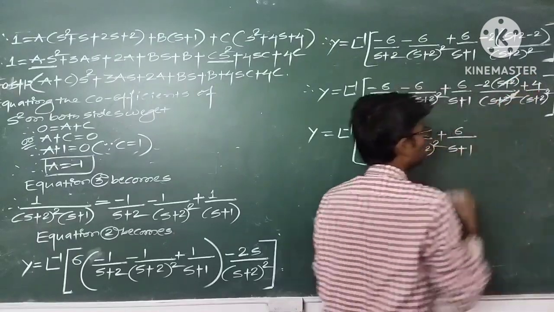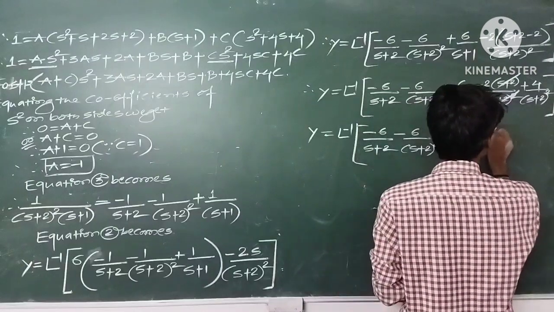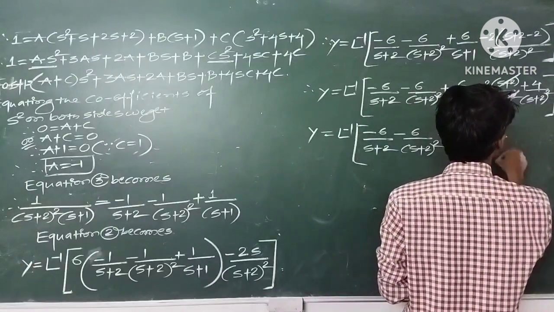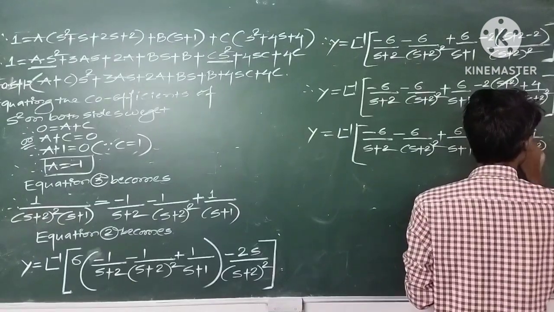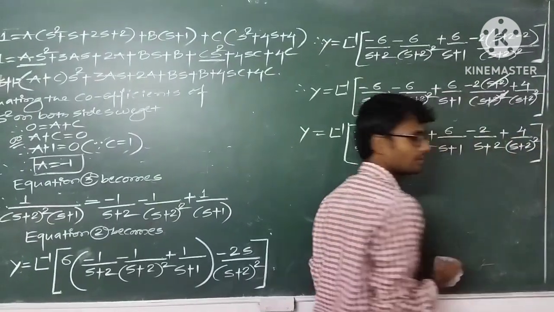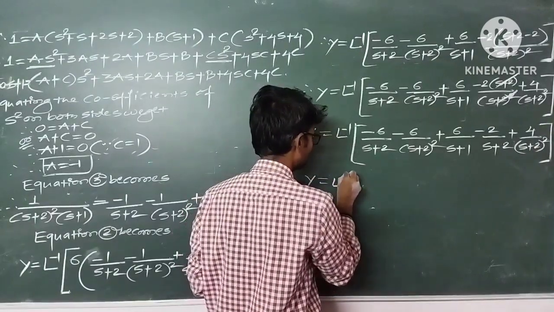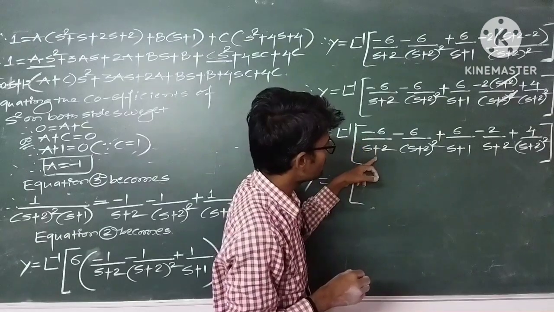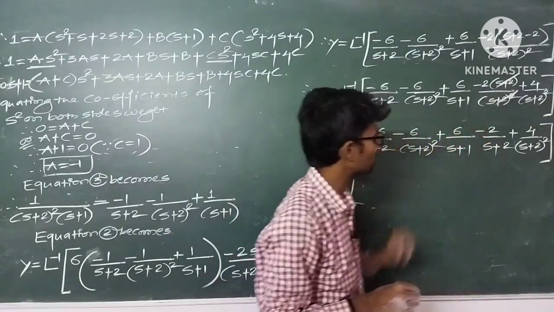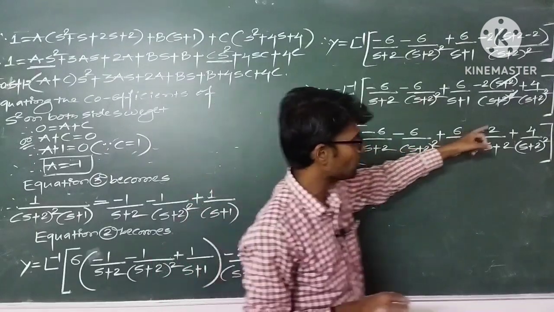One s plus 2 and one s plus 2 for (s plus 2) whole square get cancelled. It is minus 2 divided by s plus 2 plus 4 divided by (s plus 2) whole square. Right. So now see, therefore, y equal to inverse Laplace transform of minus 6 divided by s plus 2 minus 2 divided by s plus 2.